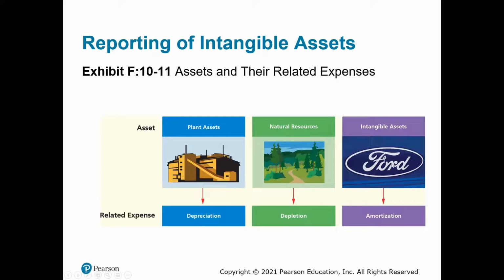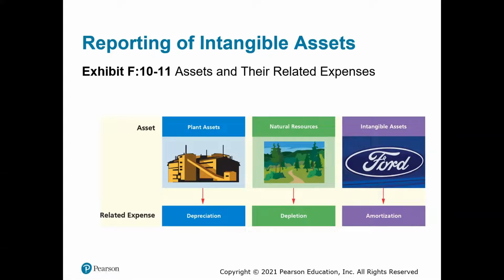Intangible assets are assets whose value is not derived from their physical substance. So with plant assets, the related expense is depreciation, natural resources is depletion, and intangible assets, amortization.